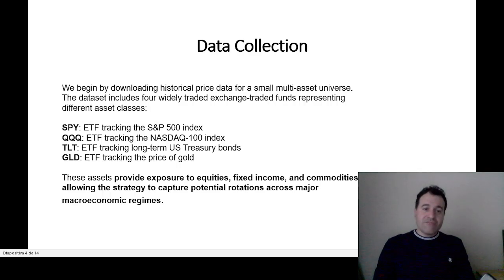SPY, ETF tracking the S&P 500 index, QQQ, ETF tracking the Nasdaq 100 index, TLT, ETF tracking long-term US Treasury bonds, GLD, ETF tracking the price of gold. These assets provide exposure to equities, fixed income, and commodities, allowing the strategy to capture potential rotation across major macroeconomic regimes.